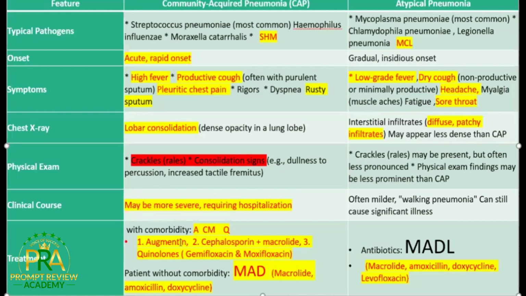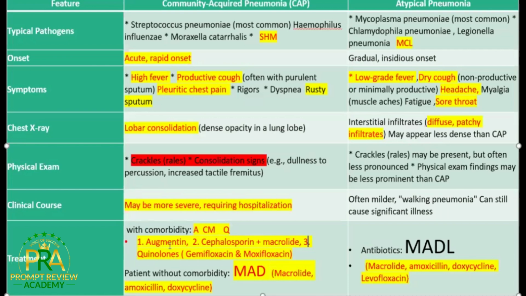A is Augmentin, CM is cephalosporin plus macrolide. Then Q is your quinolones. And please pay attention to what I'm going to say. We use two quinolones here, because we have other quinolones, but the quinolones that we use here are GM. What is GM?